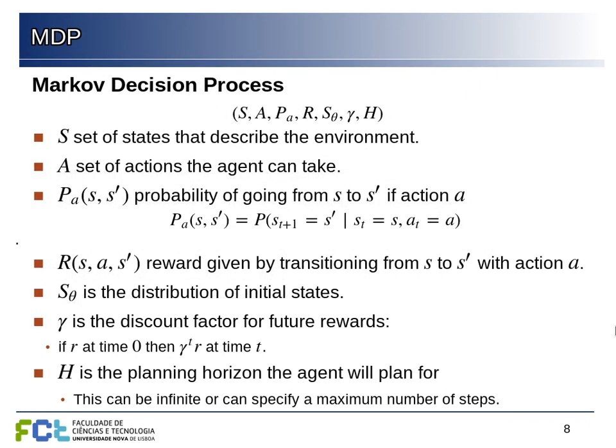So a Markov decision process is composed of, basically, a tuple of these sets. This is the set of states that describe all the possible states that the environment can be in, the set of actions that can be taken, and then the probability for each action of going from one state to another.